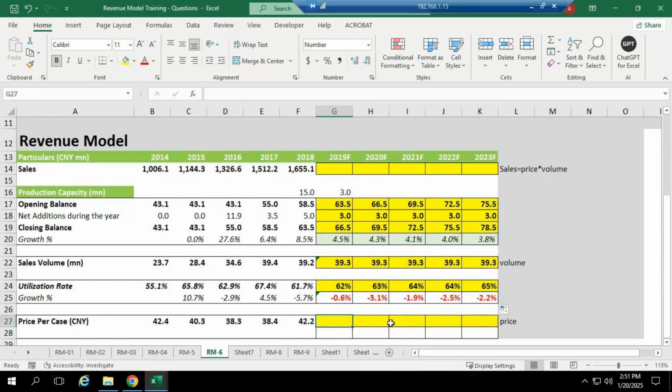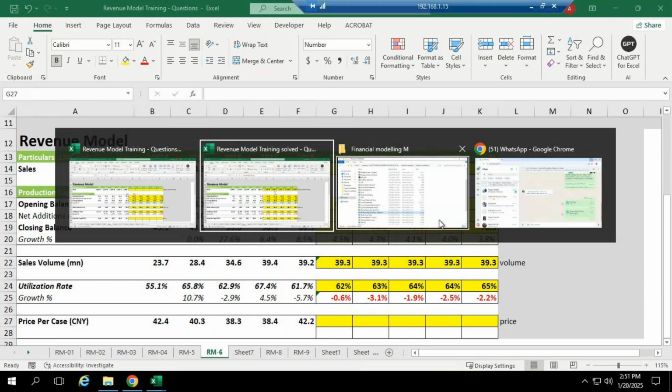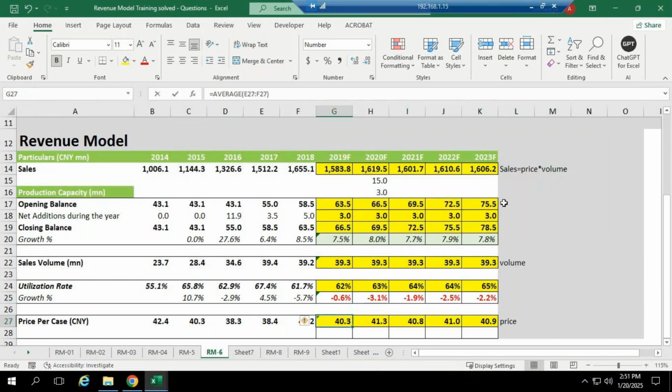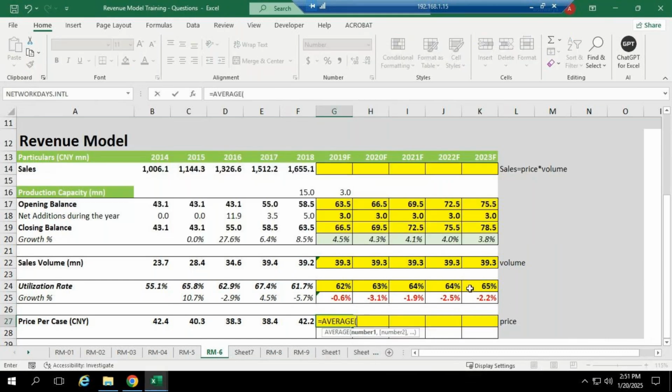So now what will be the price per case? Again you have to calculate as moving average. Okay, 40.3.